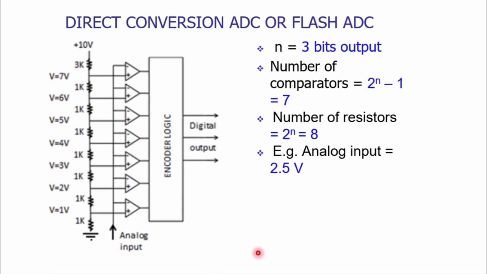Now, how exactly does this ADC work? To understand its working principle, let us see what will happen if we want to convert the analog signal of 2.5 volts into its binary digital output. Here the 7 comparators, which have the op amp as the basic units, are joined in the fashion shown on the screen.